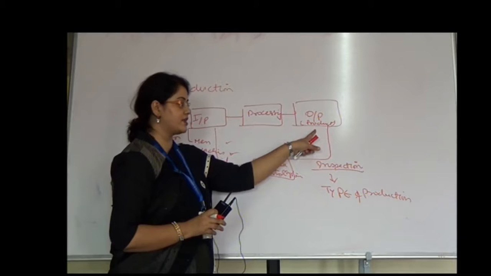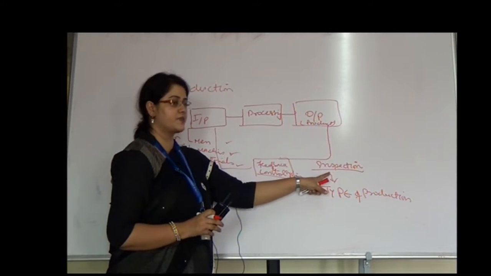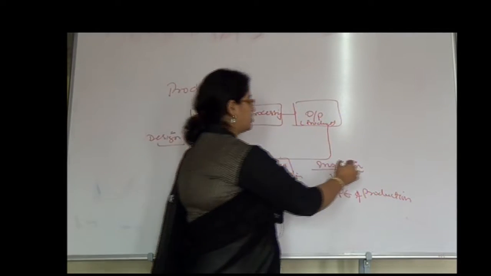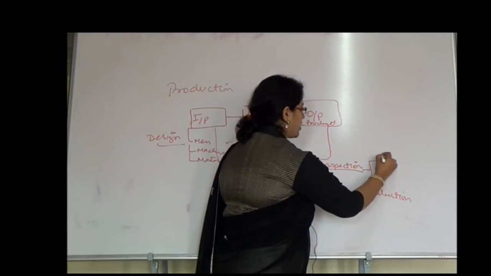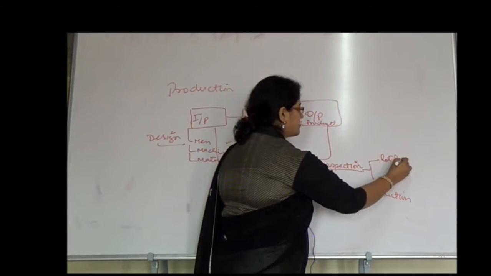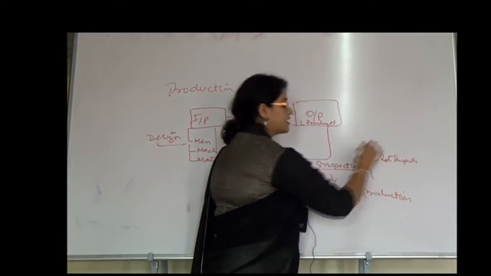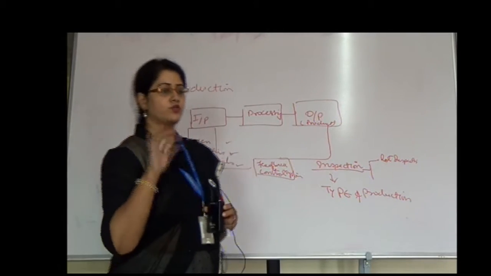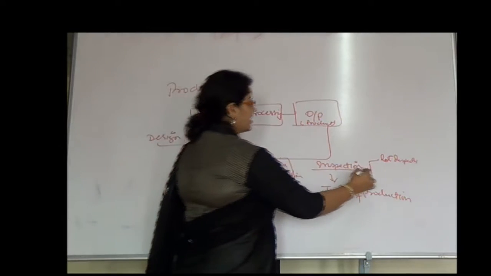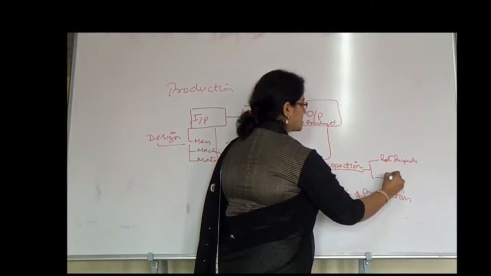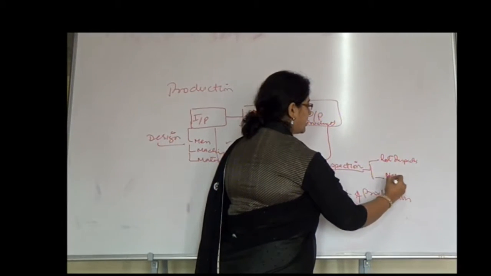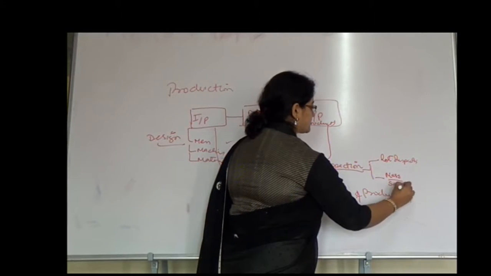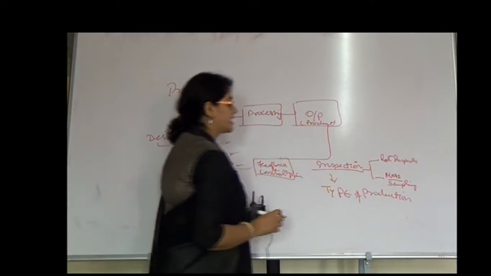Once we get the desired output, we do the inspection. We do it by lot inspection. Lot inspection means that we do one by one inspection, right. If our number of products is less, we do the lot by lot inspection, and then we do the mass inspection, or we say that it is sampling. We do the sampling inspection.